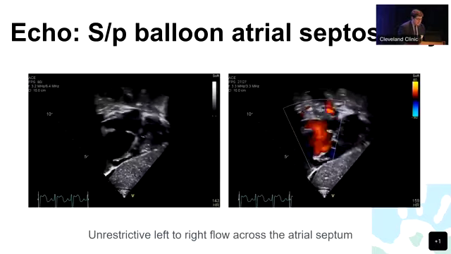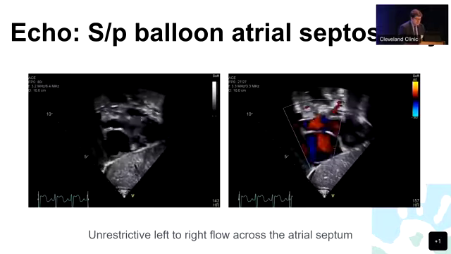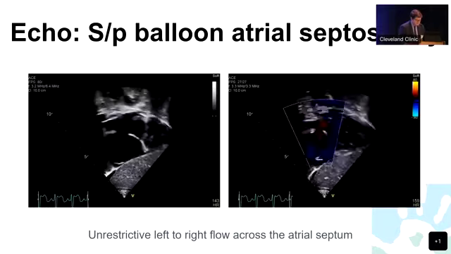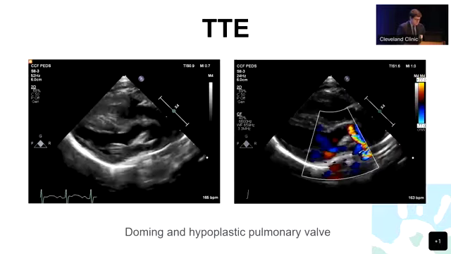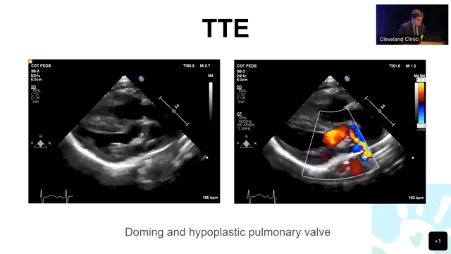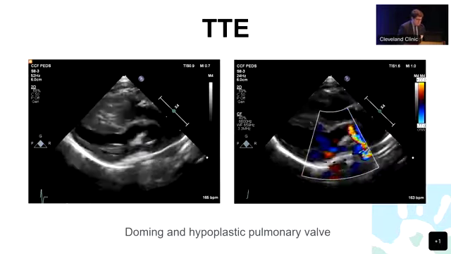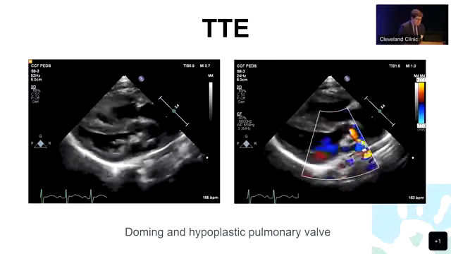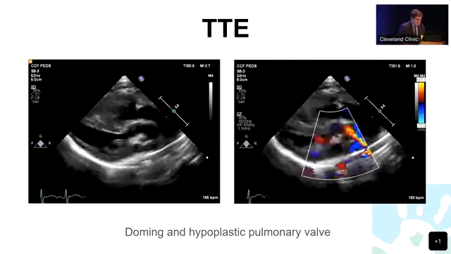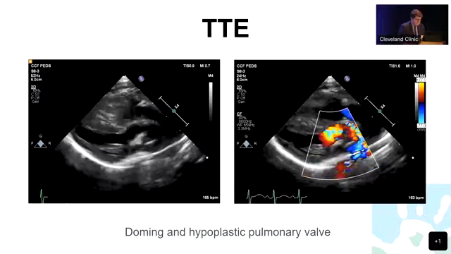And here's the atrial septum from a subcostal view, showing nice laminar flow across the atrial septum. And here's a parasternal long view, just demonstrating the doming and hypoplastic pulmonary valve with flow acceleration in the subvalvar region as well.